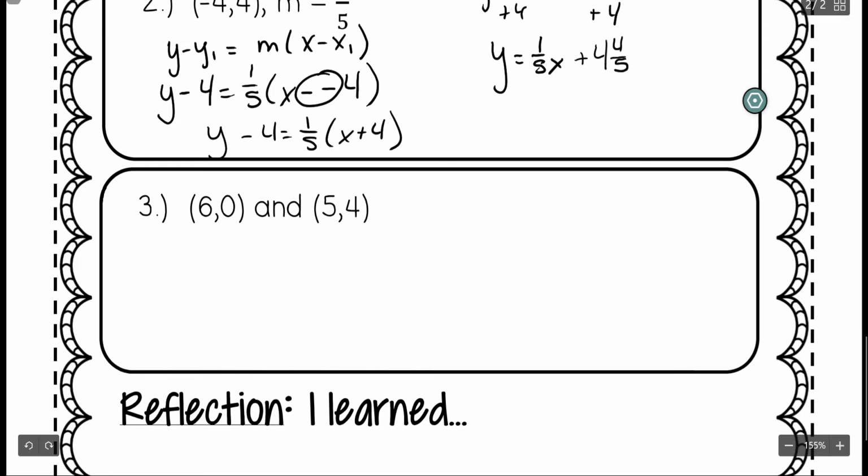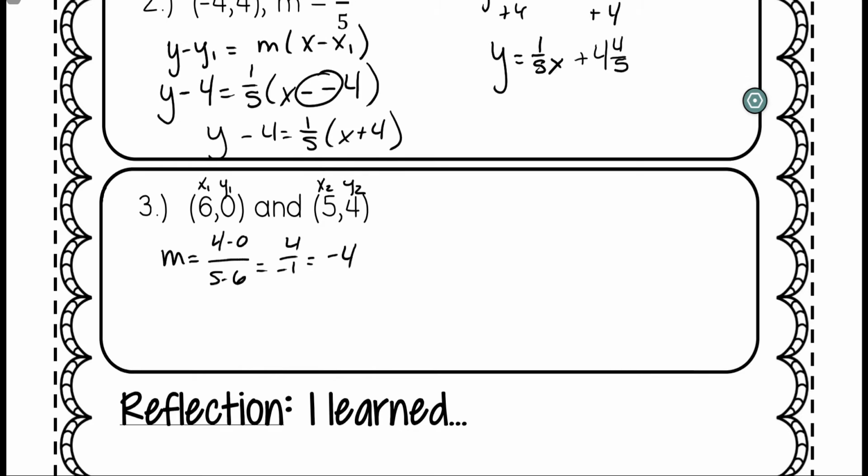Okay, last example, number 3 on this page. First thing we need to do is find slope. x1, y1, x2, y2. 0 minus 4 over 6 minus 5, which is -4 over 1 equals negative 4.